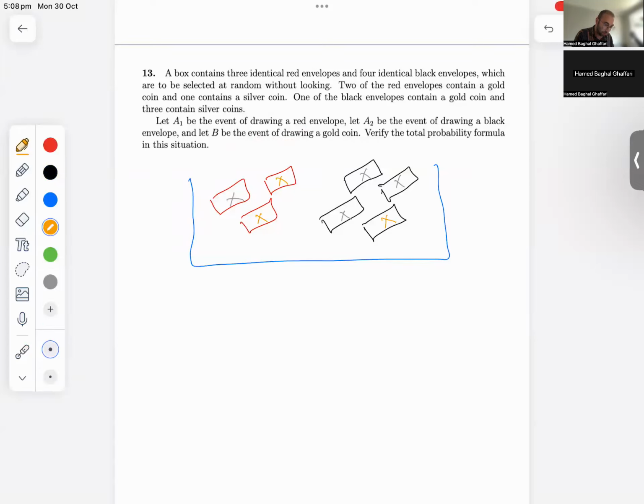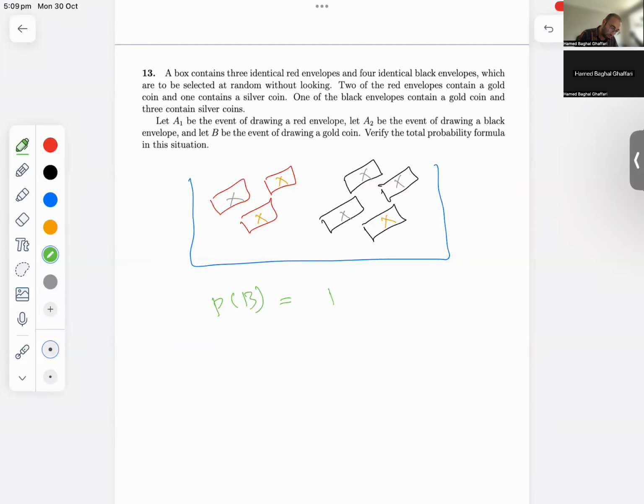It says to verify the total probability. So the total probability of B, so I should change the color, actually green, probability of B.